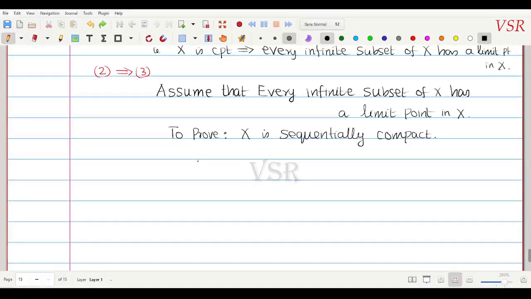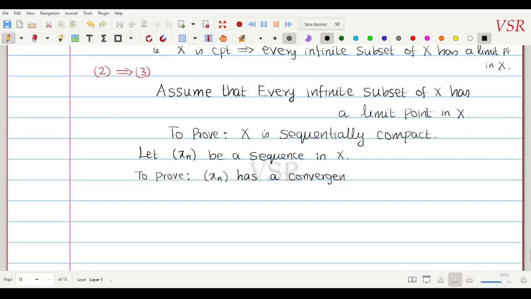Let xn be a sequence in capital X. To prove: this xn has a convergent subsequence.